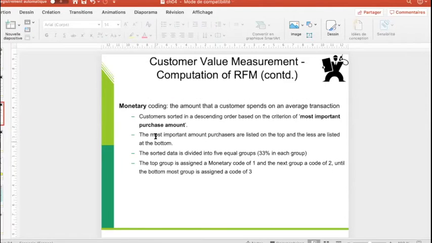And finally, I do the same thing for the monetary amount, that is the money that the customers have spent on each transaction. Again, I sort in descending order, so I have the highest purchase amounts in the upper part of the database and the lowest amounts in the bottom part. I divide again into 3 groups, and I give a score of 1, 2, or 3 according to the quality.